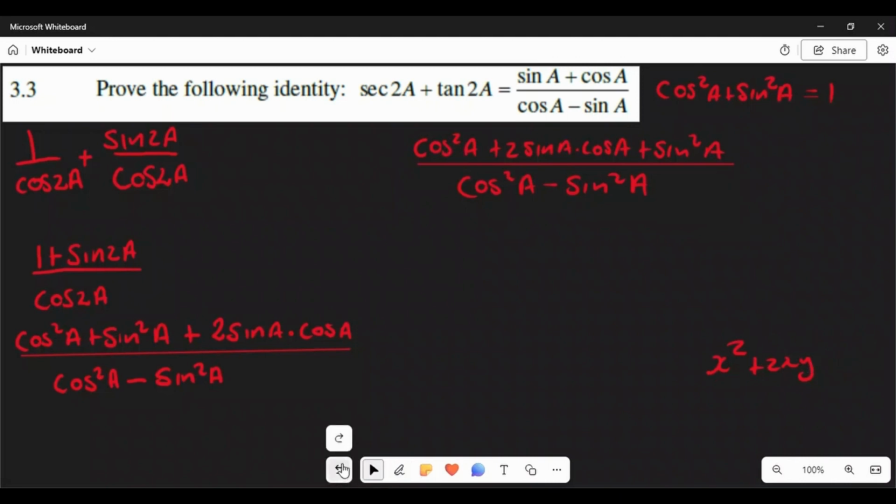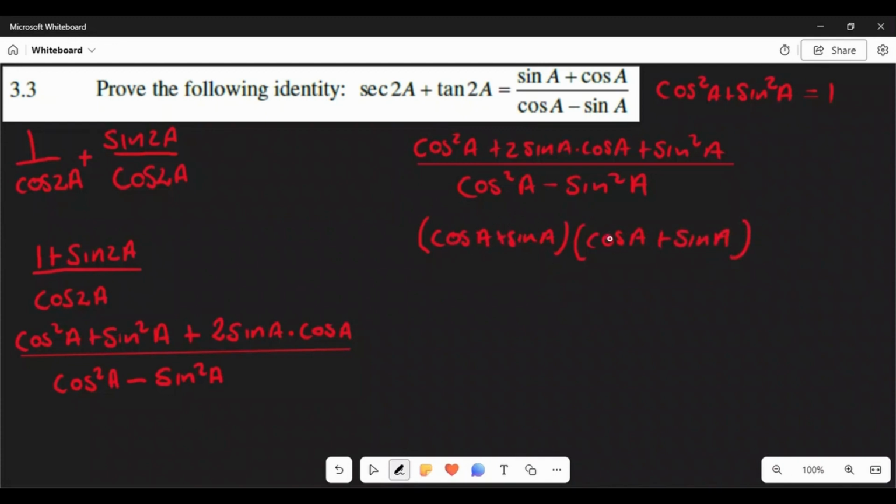So let's factorize our numerator. If we factorize the numerator there, we'll have cos a plus sine a, multiplied by cos a plus sine a. Let's see if our factorization is correct.